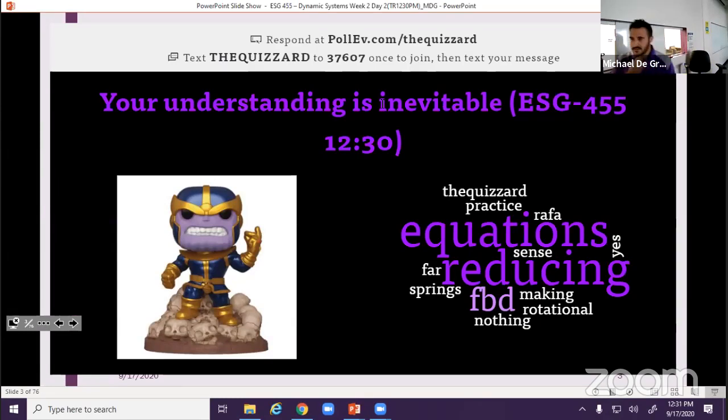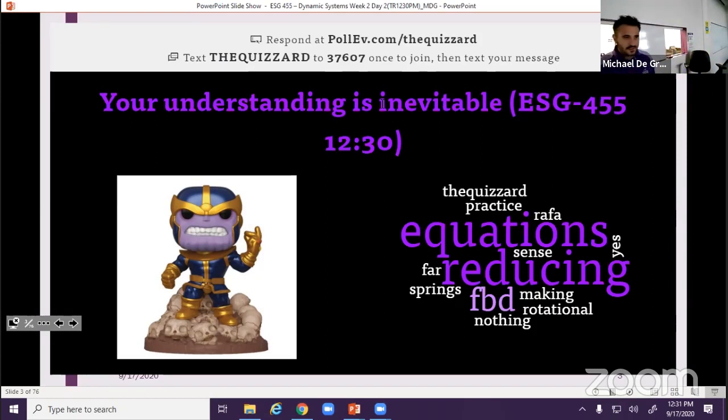So let's start with a recap, right? All right. So people are confused about reducing equations. This is the part of the process that I call equation reduction. You can think of it as equation creation. So you take your free body diagram, you write down your inputs, your outputs, you look at your mathematical truths, right?